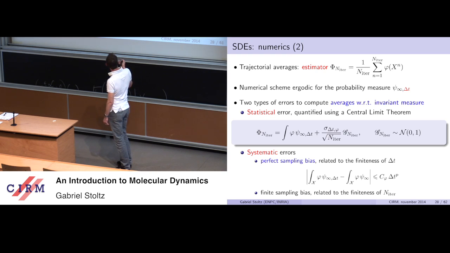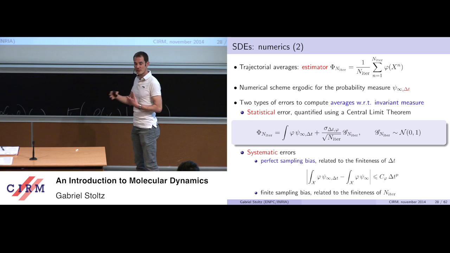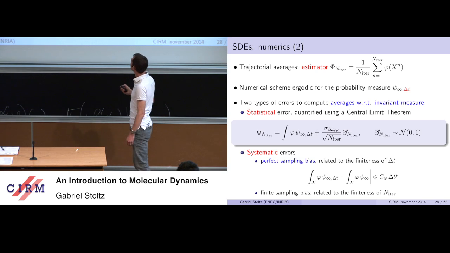So there will be some perturbation in the invariant measure because I've discretized time. So first, you need to show that. Once you have that, typically the average over a trajectory at a finite horizon is the sum of two things. First, it's the average with respect to the invariant measure plus some error which is related to the finiteness of the number of iterations.